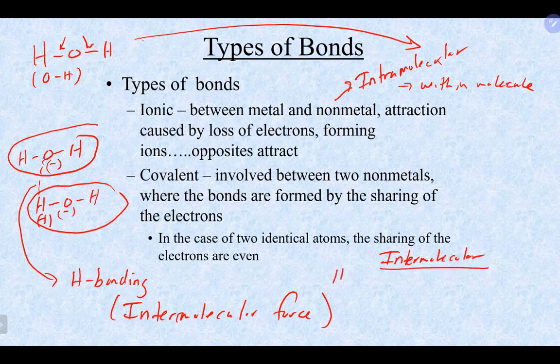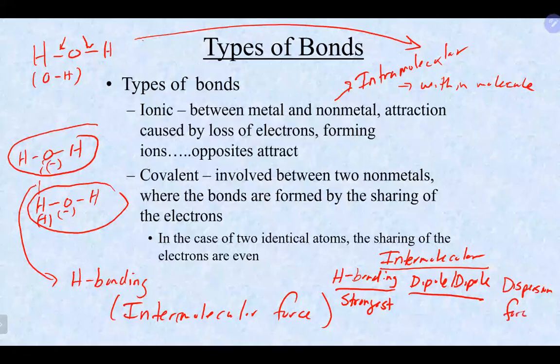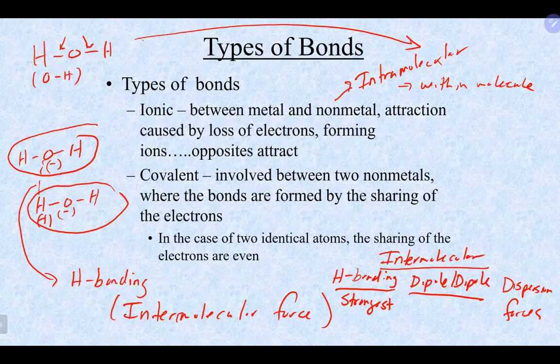There is hydrogen bonding, which is kind of the strongest. There is dipole-dipole interaction, which is also relatively strong. And then there are dispersion forces. So these are three intermolecular forces, and they each go with different sorts of compounds.